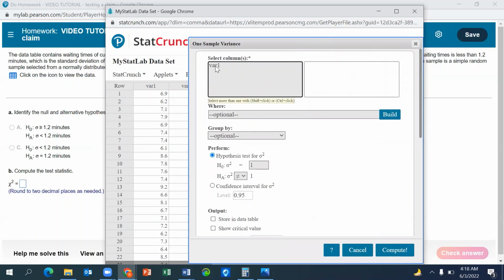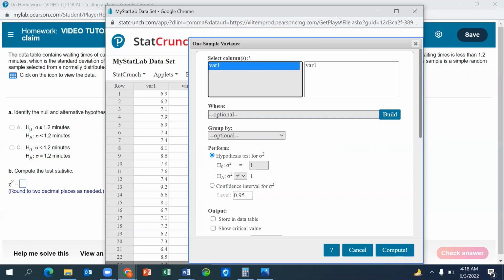Make sure you double click it, and it's right here selected. And since we are dealing with hypothesis testing, that's the one that's selected here. But keep in mind, what you have is the variance, not the standard deviation. So you have to enter the variance.